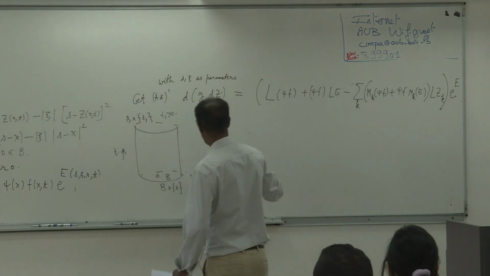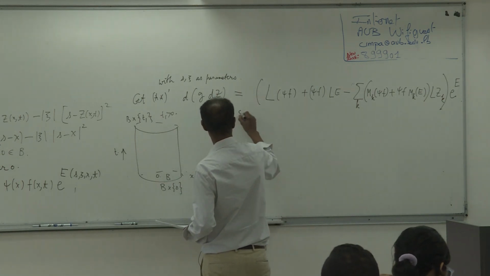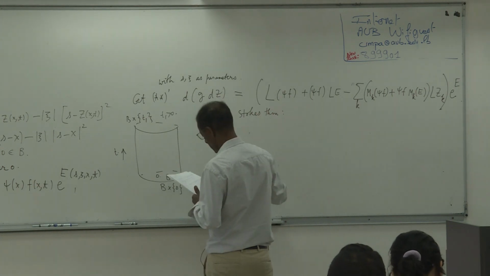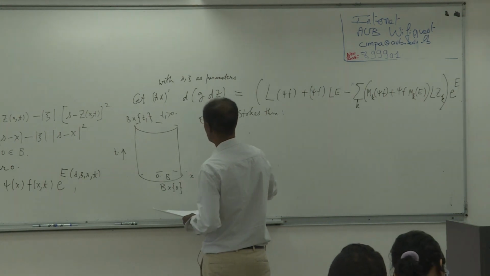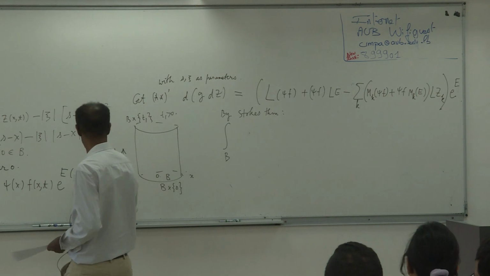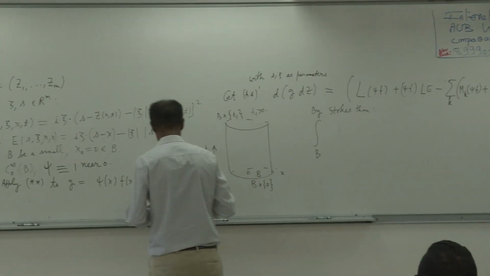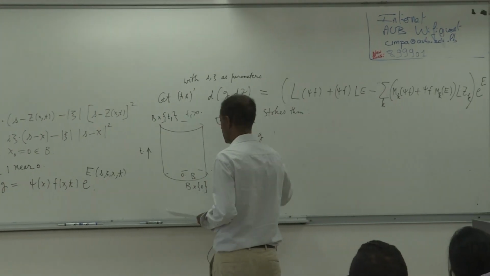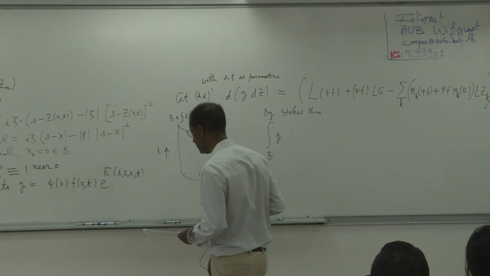Okay, so in any case, by Stokes' theorem, the following certainly is true, namely the integral over B of, at time t equal to 0, put t equal to 0, okay?